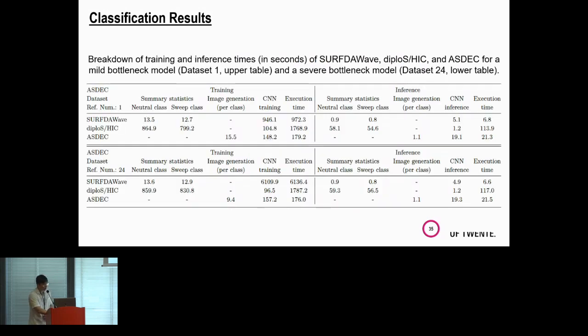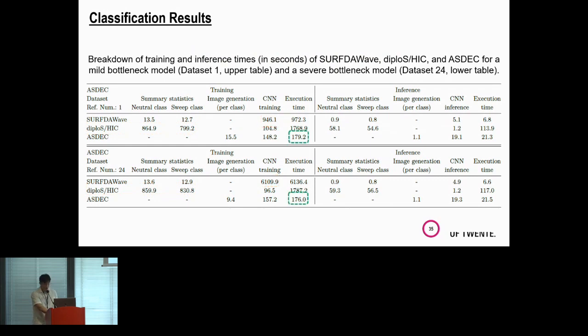Now let's look at the breakdown of the training and the inference times of SWIF(r), DeepSweep and SDAC. Here, DeepSweep spends most of its time on summary statistic calculations, and SWIF(r) spends most of its time on training.